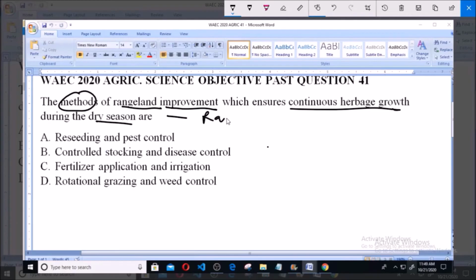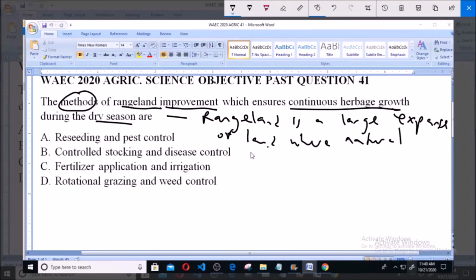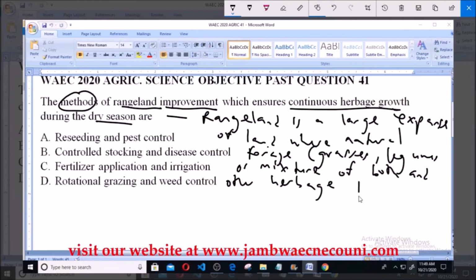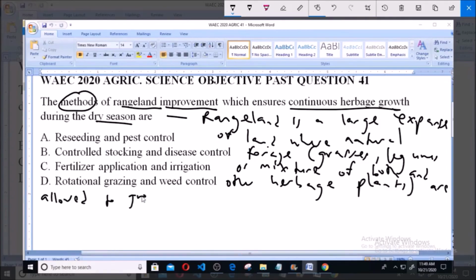Before I begin, a rangeland is a large expanse of land where natural forage, that is grasses, legumes, or a mixture of both, and other herbage plants are allowed to grow for the purpose of grazing animals such as sheep, goats, cattle, etc.